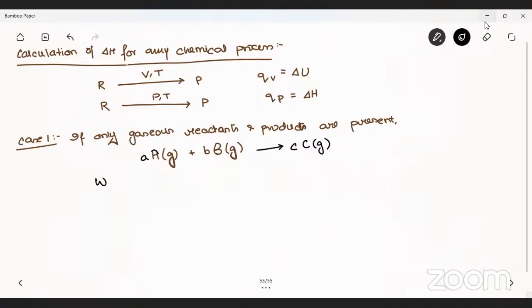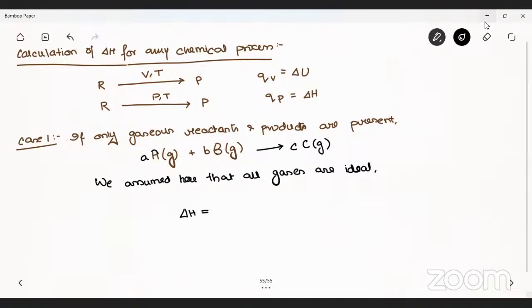Okay, so what we have assumed? We assumed here that all gases are ideal. Okay, so if this is the case, then we get a formula.